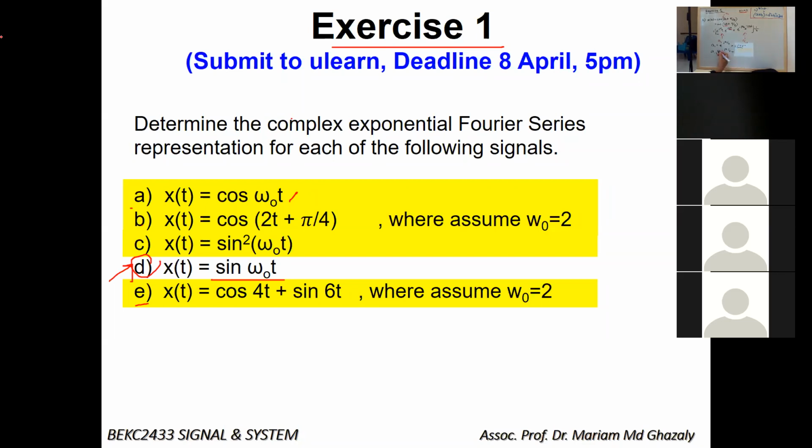And for A minus 1, you have minus 45 degrees. So this one is actually very simple.